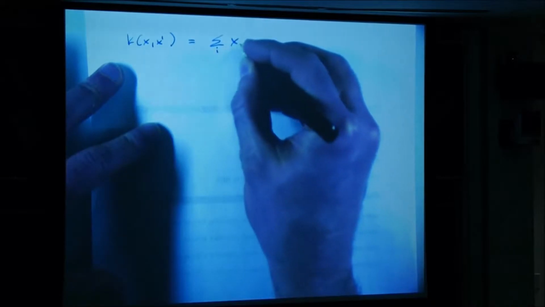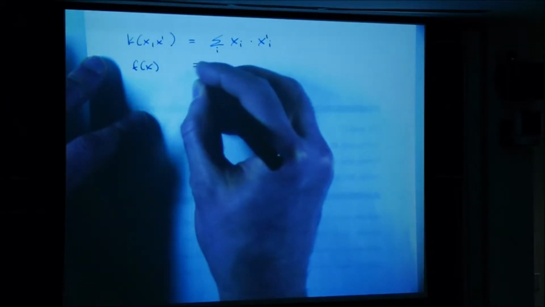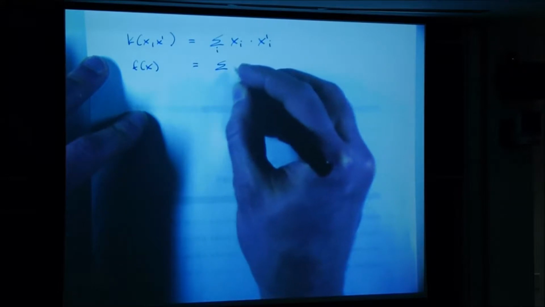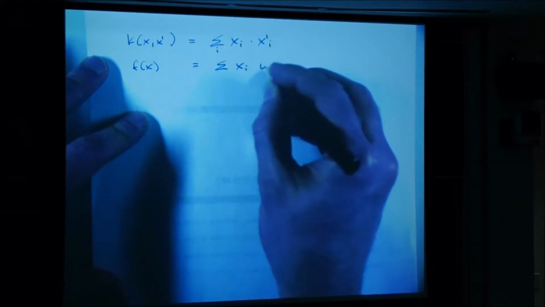So remember what we had was a kernel of the form k of x and x prime, which was just the sum over all the i's of x coordinate i times x prime coordinate i. And this then gave us a function f of x, which was basically the sum over x_i w_i.